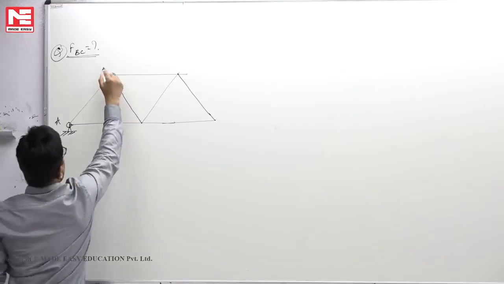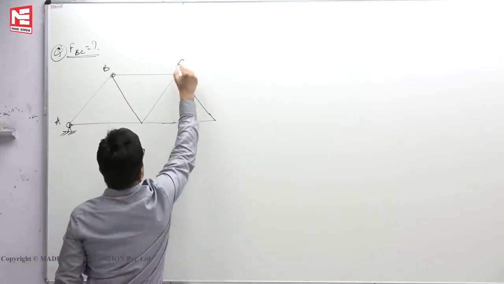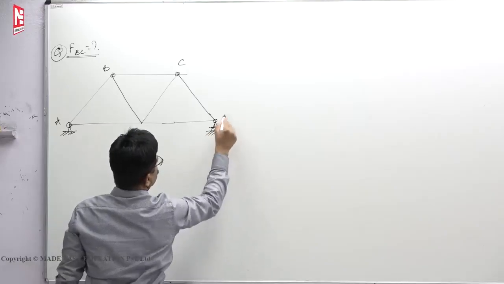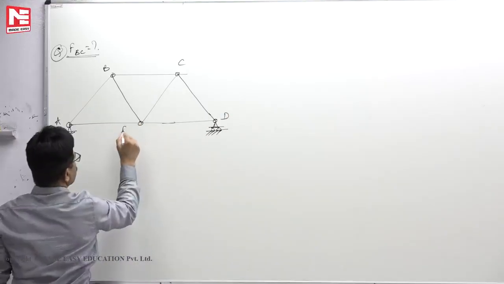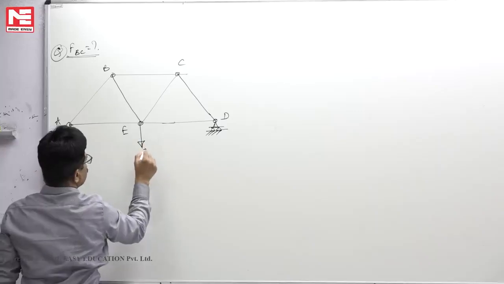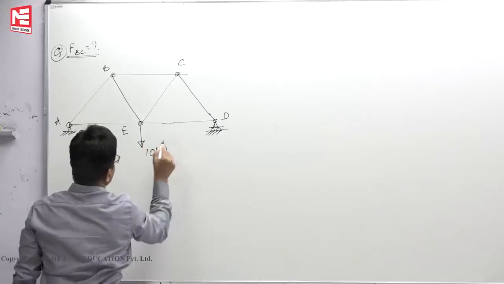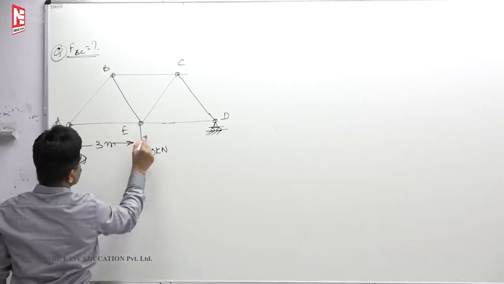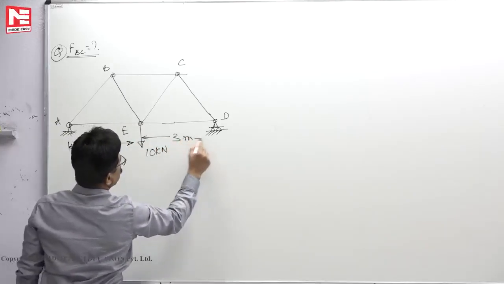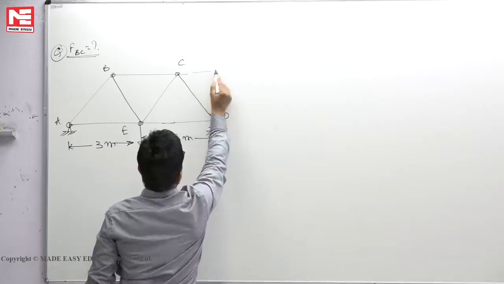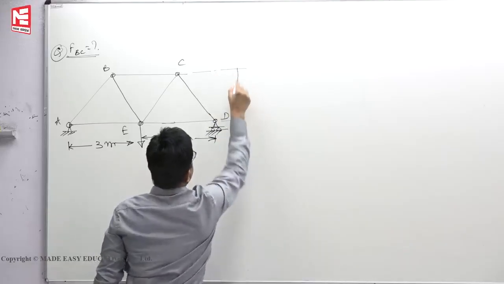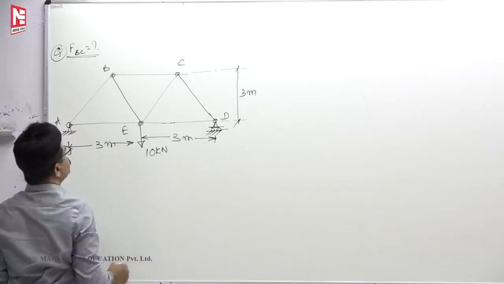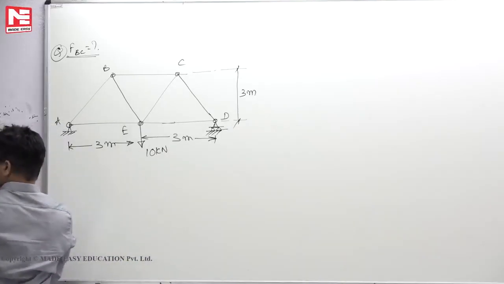This is A, B, C, D, this is say E. Assume that there is a load of say 10 kilonewton. This distance, let us say 3 meters. This is also 3 meters. Height also, let us say 3 meters. So we want to find force in the member BC.